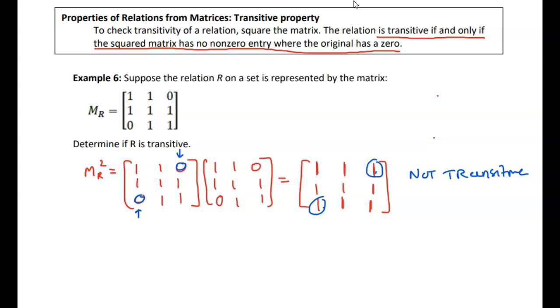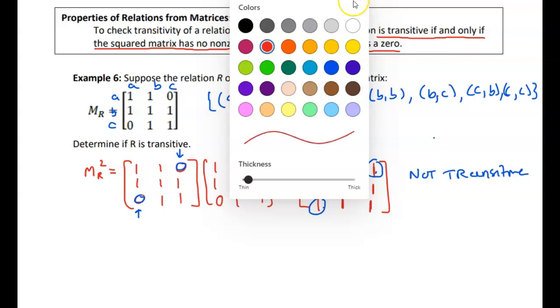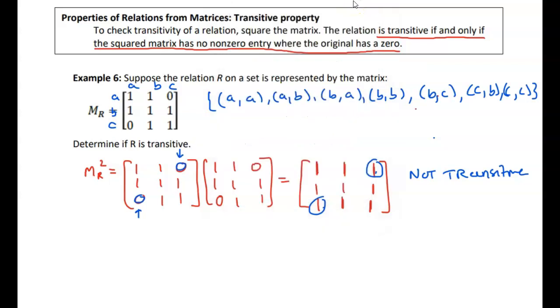Okay? So you can check. If I list the elements, if I call these A, B, C, those are my elements in the set, then the relation is going to be AA, AB, BB, BC, and CB and CC. You can check for transitivity here. So basically you're looking for anything that breaks the chain.